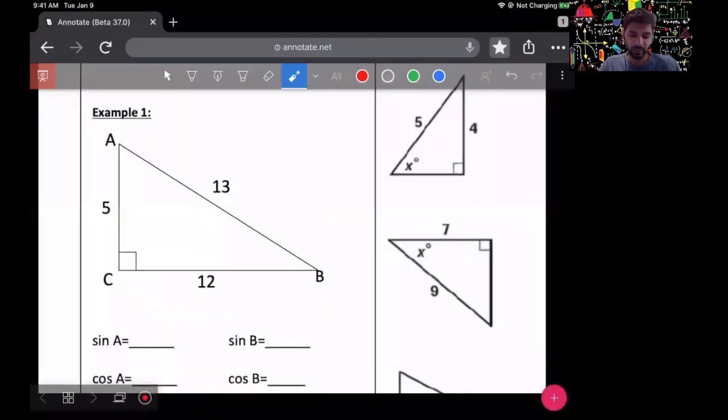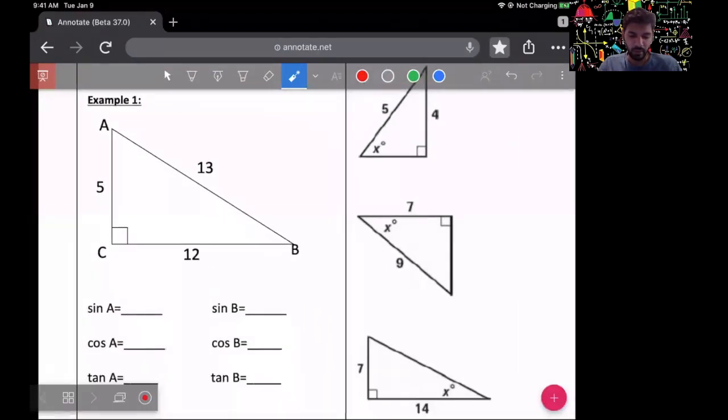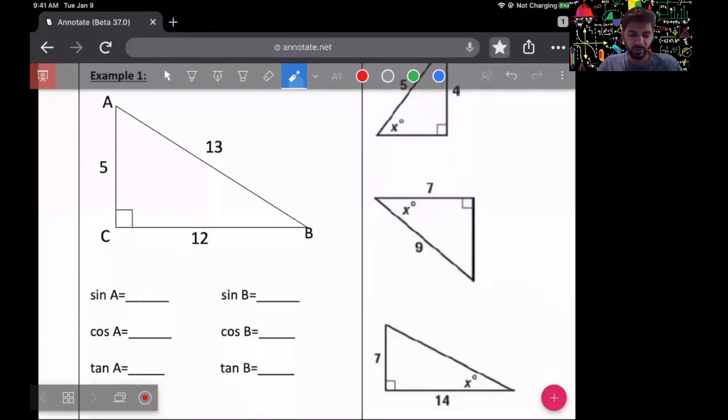Okay, we're going to look at this first example right here. It's just a general triangle, and it asks us to find sine, cosine, and tangent of angle A, and then sine, cosine, and tangent of angle B. Let's first start with angle A. We said sine is SOH, opposite over hypotenuse, so 12 over 13.